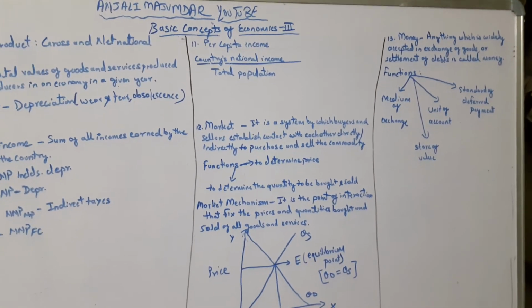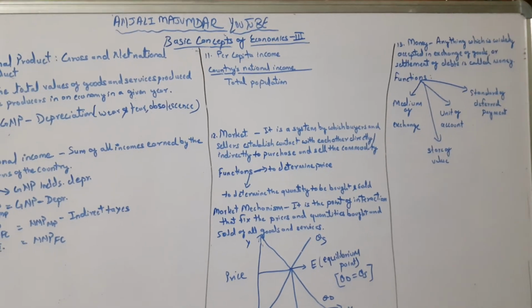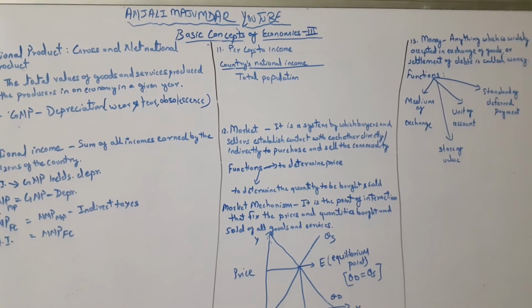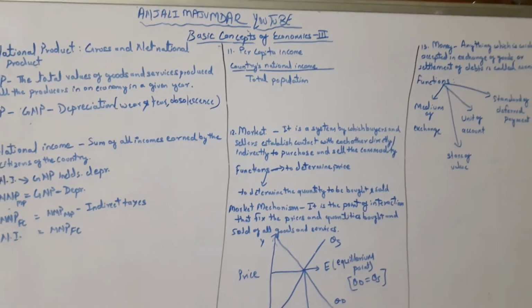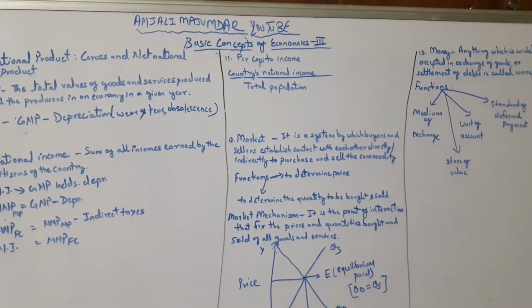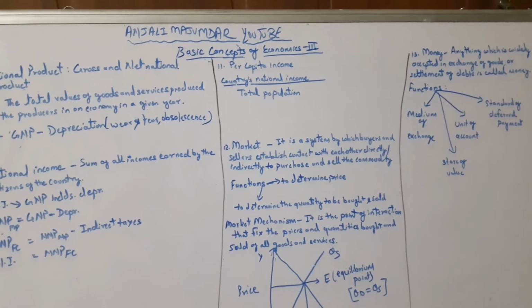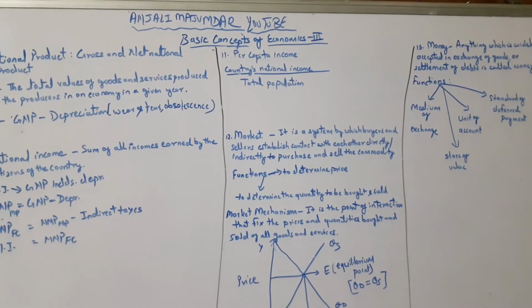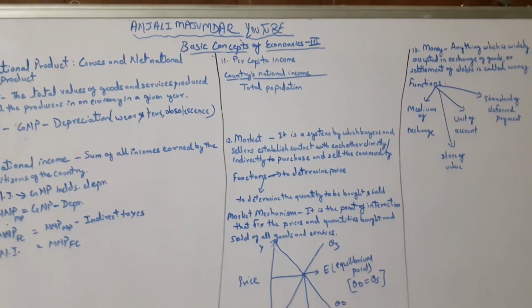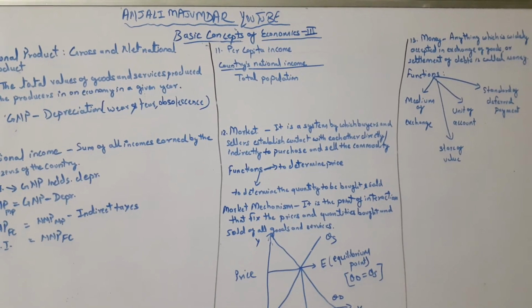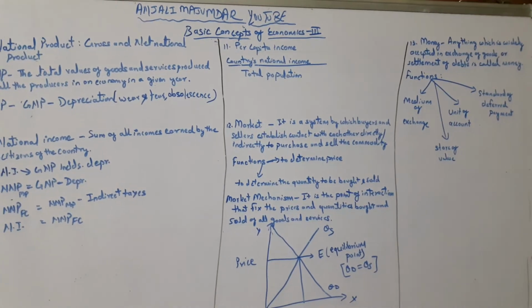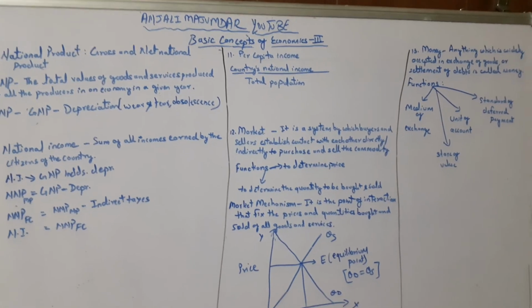Why? Because in earlier days, the barter system was in existence. Barter system means when you exchange one good for another good. So why is money a medium of exchange? If I want vegetables, but the person with whom I'm dealing has rice, then the medium of exchange fails, because the commodity which I desired is not possessed by that person.